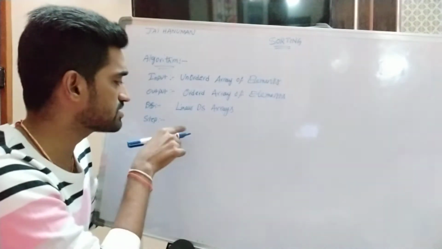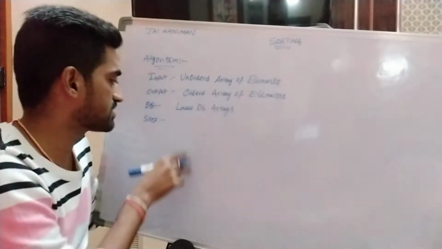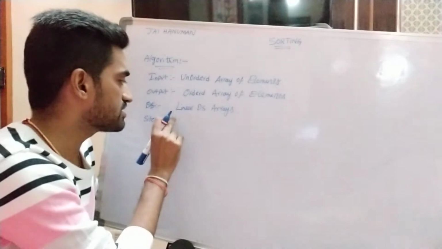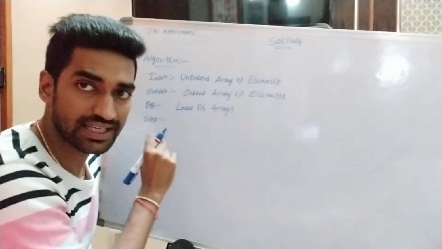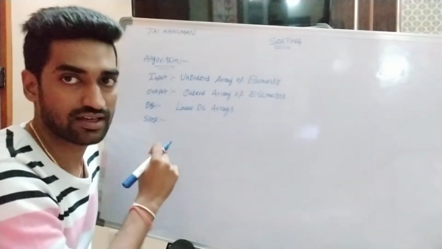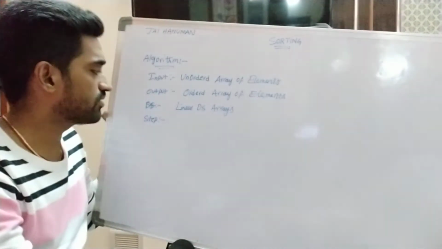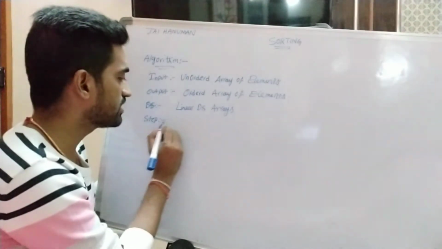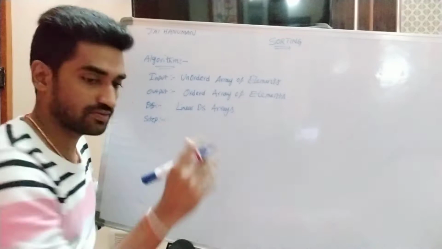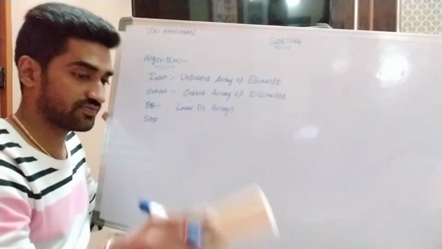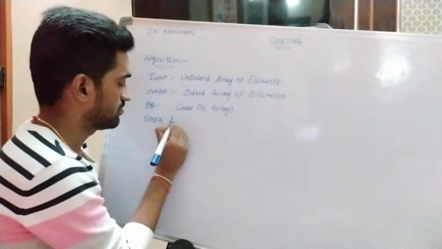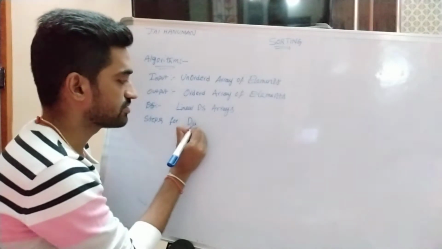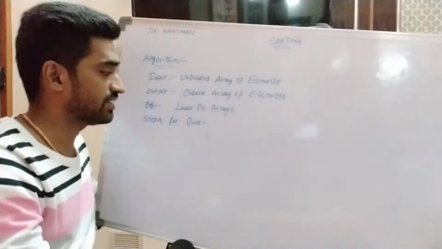So here we have two steps: steps for dividing, and steps for combining or conquer. We are discussing one by one. First of all, here I am writing steps for divide.